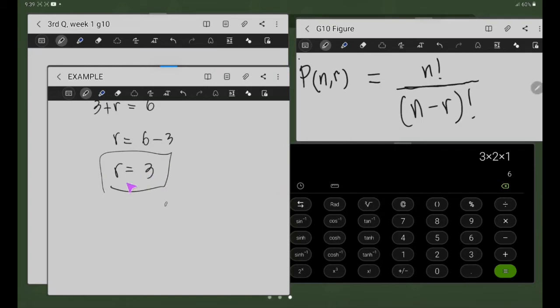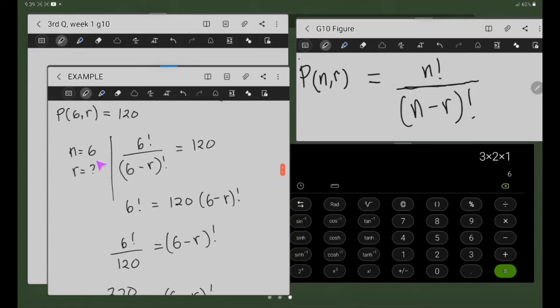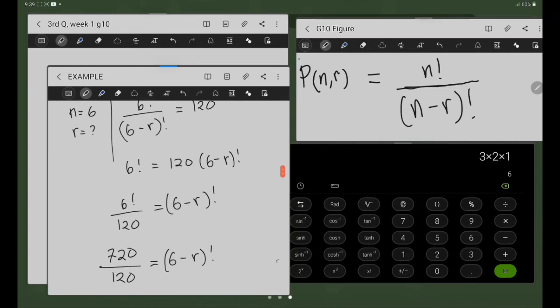Okay, so mag-checking tayo kung tama ba yung r natin. So, r is equal to 3, tapos yung n natin is equal to 6. I-try natin.